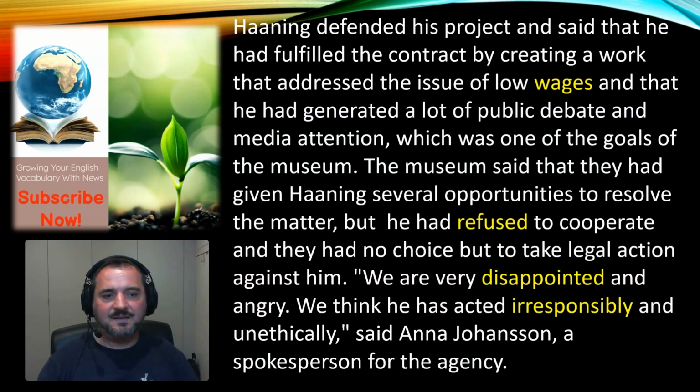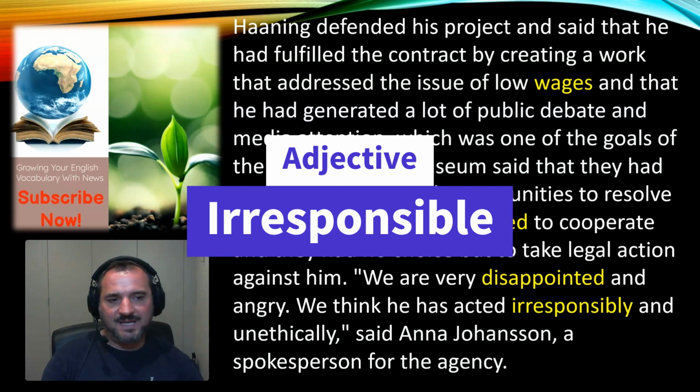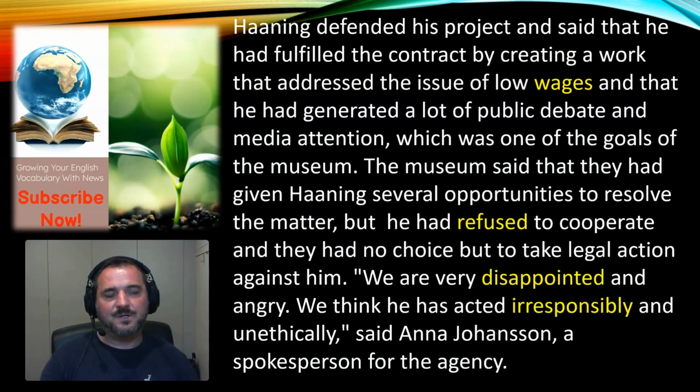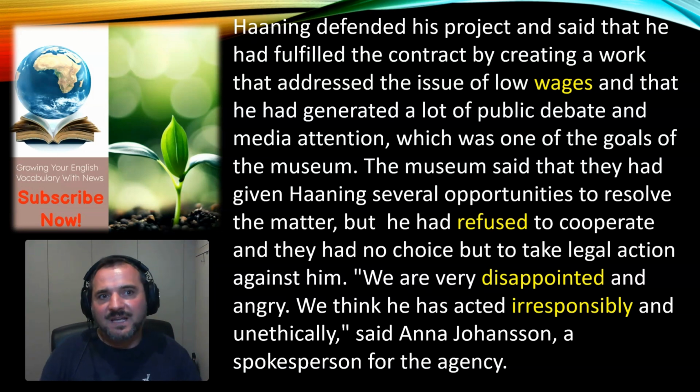They also say, moving on to the last word, that he acted irresponsibly. So irresponsible is the adjective and irresponsibly is the adverb. An irresponsible person is somebody who behaves in a way that is not, let's say, equal to their status.